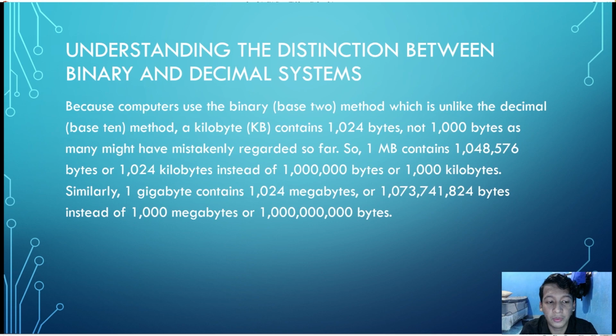Similarly, 1 gigabyte contains 1024 megabytes or 1,073,741,824 bytes instead of 1000 megabytes or 1 billion bytes.